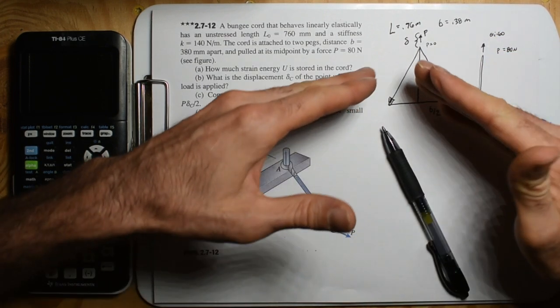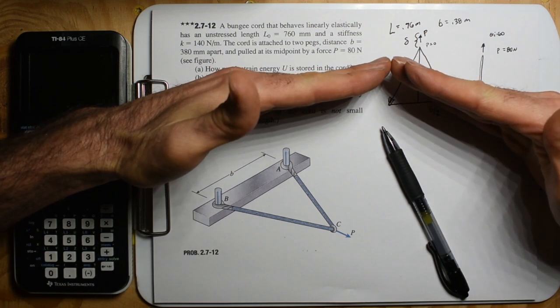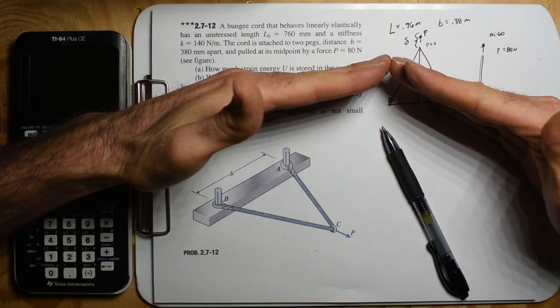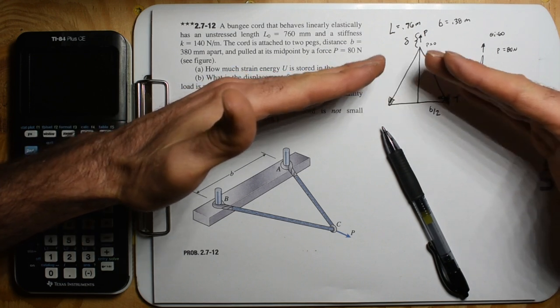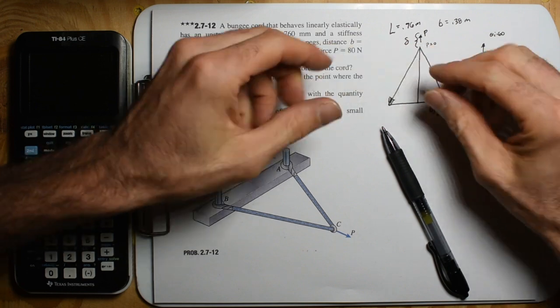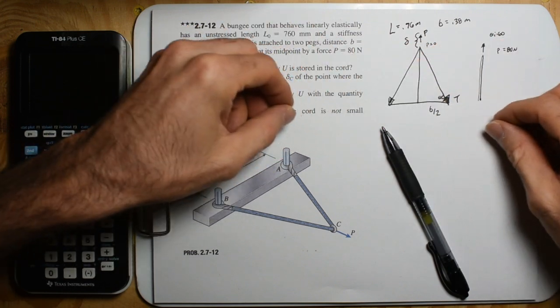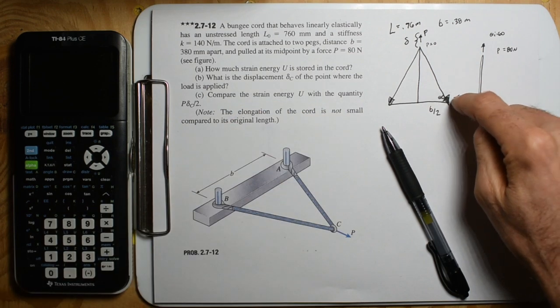But if this is way out here, like if you're rock climbing, this is death on an anchor, because if you're pulling up 80 newtons, this is seeing maybe 800. So the larger the angle, the more tension.